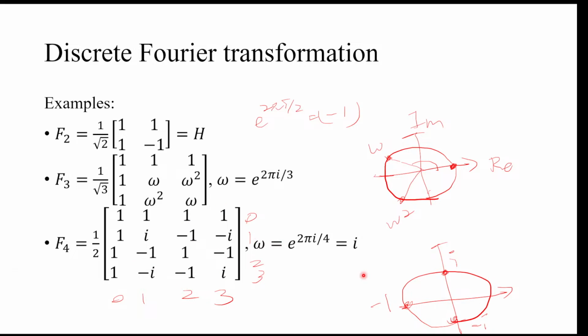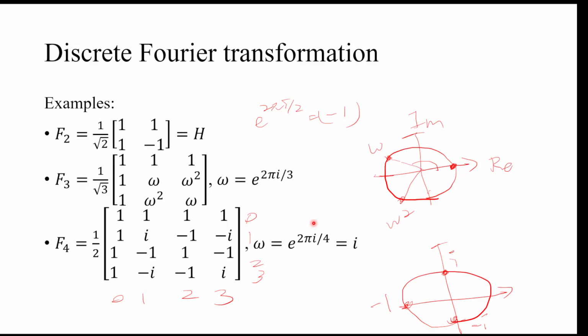And this column is 1, minus i, minus 1, i, and it will also become 0. Okay, so summing over all columns or all rows, it's always going to be 0, except when you are summing over the first column or first row. Okay, this is just how Fourier transform is set up.